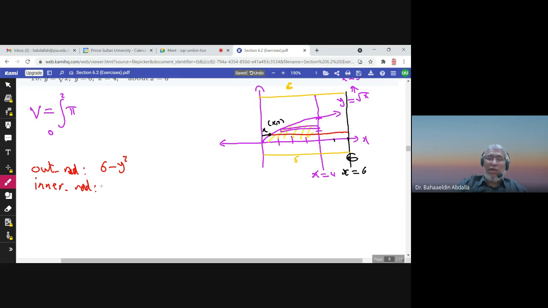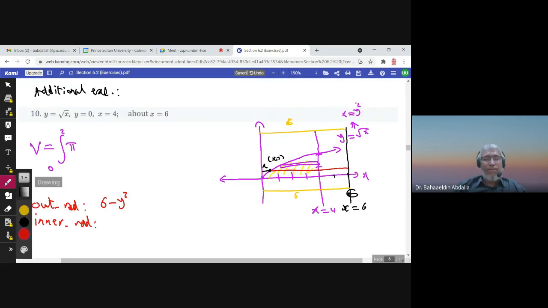Let us try the inner radius. And let us use another color. So the inner radius, where the distance from where you start from the axis of rotation, and you go to, now, where is, that's the region. This is the curve in this case.